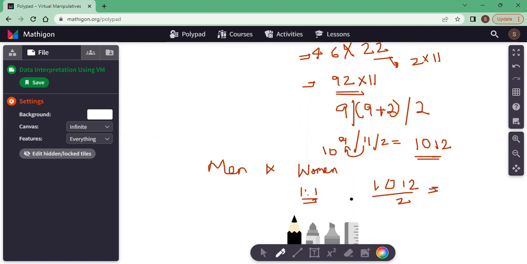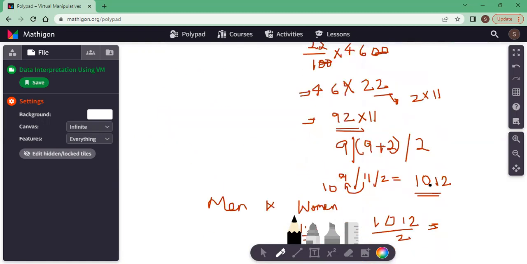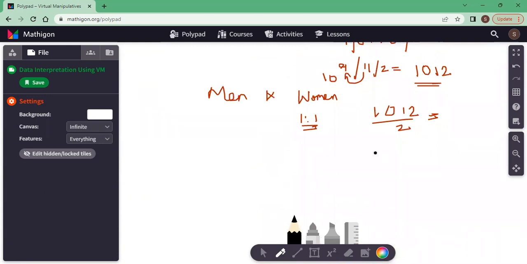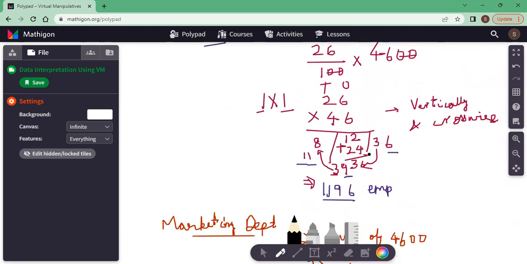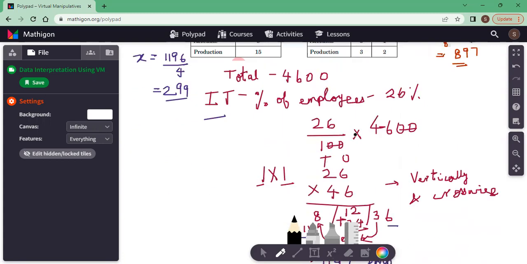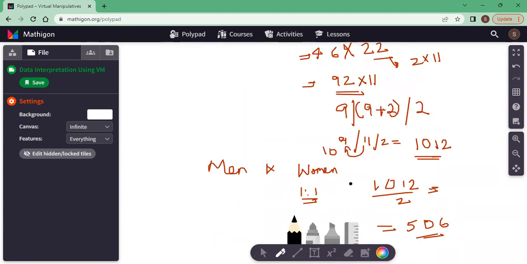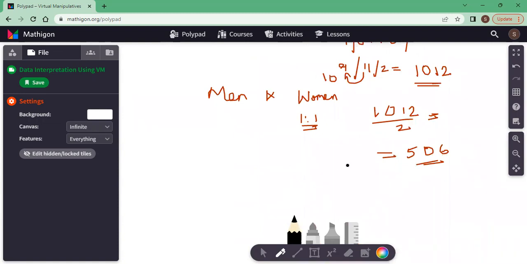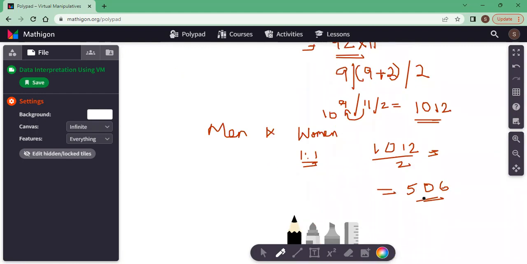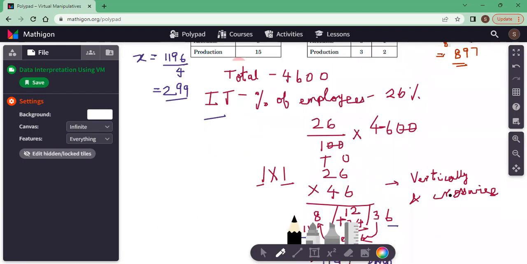Then only men and women are equal in that particular organization for the marketing department. So this is nothing but 506. So the number of men and women who work in the marketing department of that particular organization is 506 each.